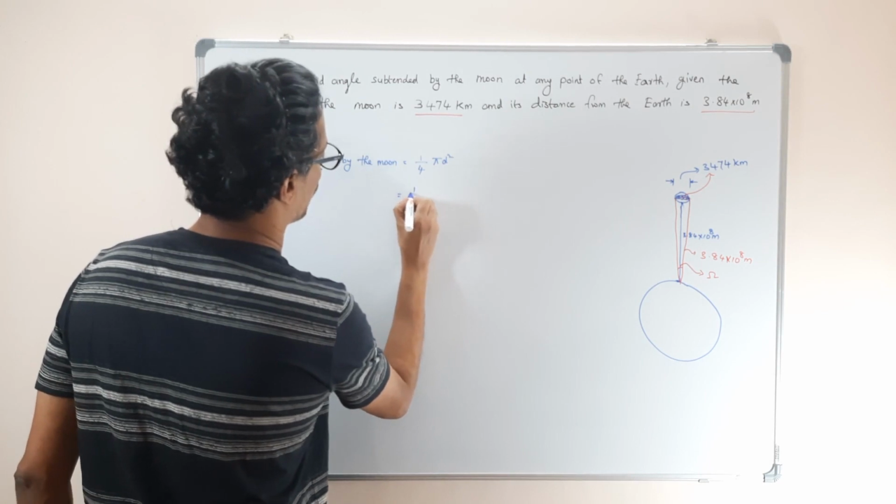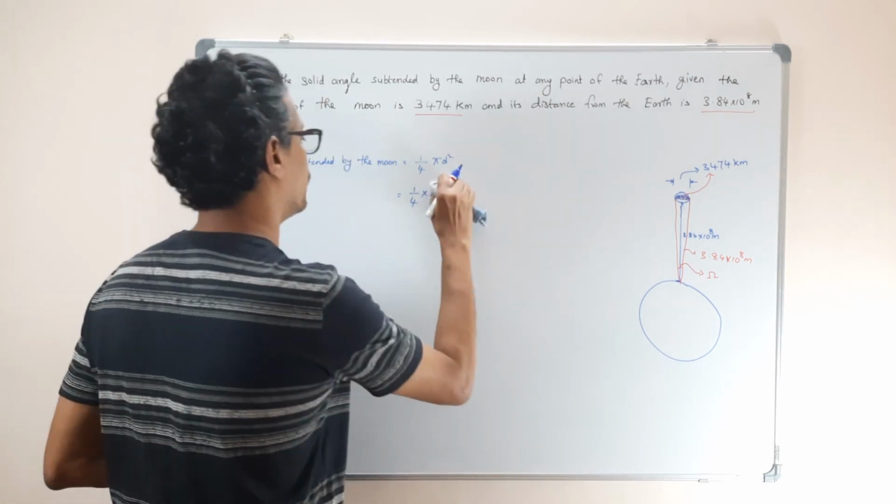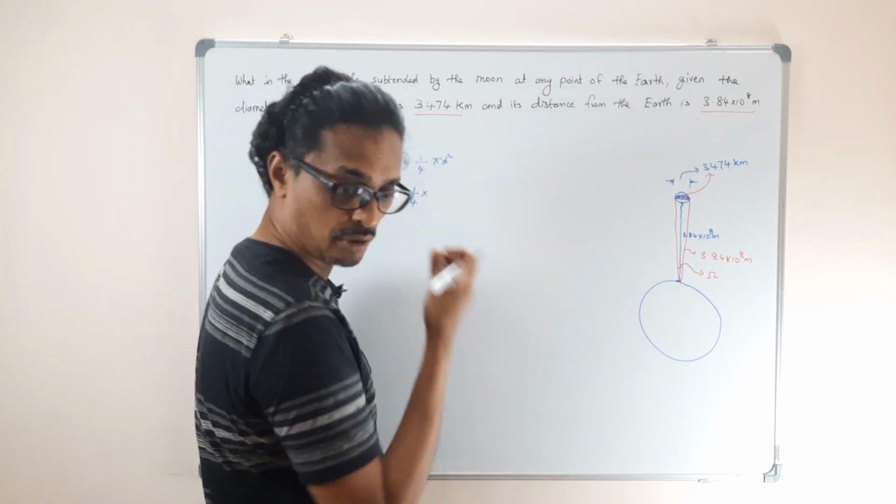So that's equal to 1 by 4 into pi. Which value of pi will we use? Let us use 3.14.